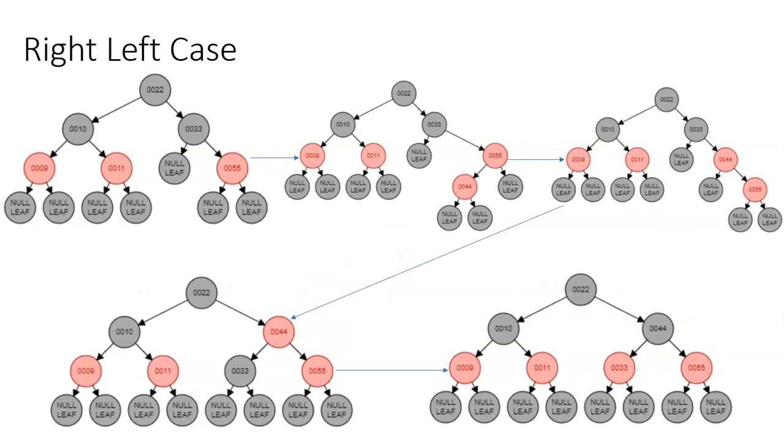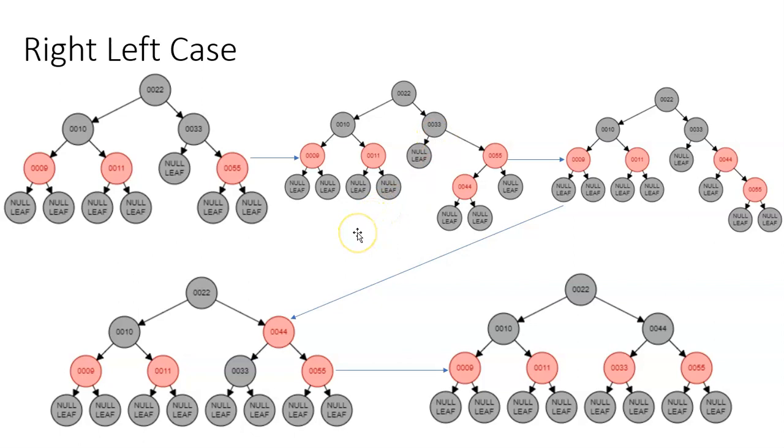Moving on to the right-left case, the parent is the right child of the grandparent, and the node that we inserted is the left child of the parent. So let's insert node 44. Just like a BST tree, node 44 is going to be right here where it is less than 55 but greater than 33.